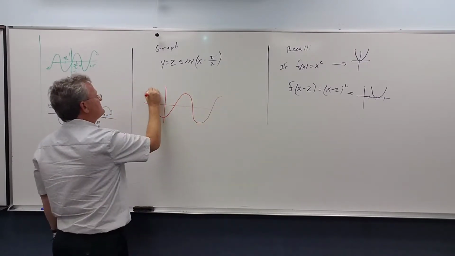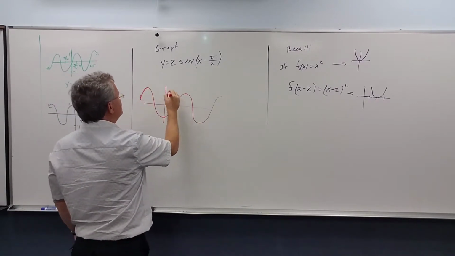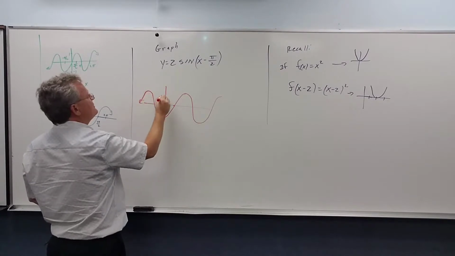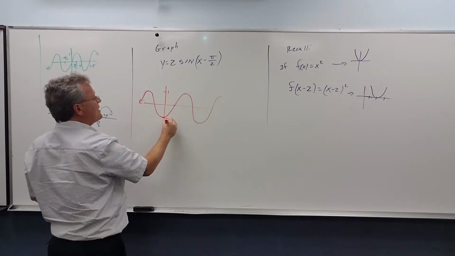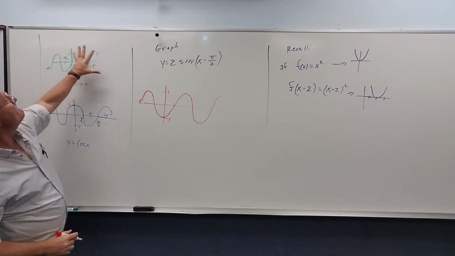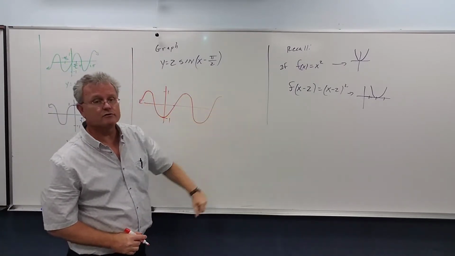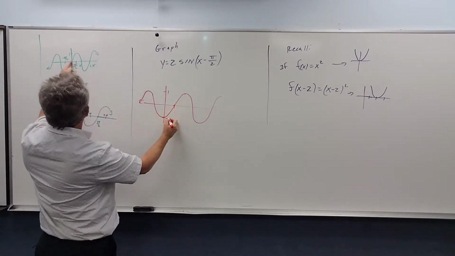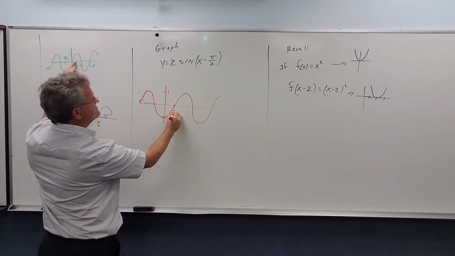And this is still the same, this is still my height of 1 and negative 1. That part there didn't change. I just moved the whole graph over to the right. So when I move that over, that's pi over 2.